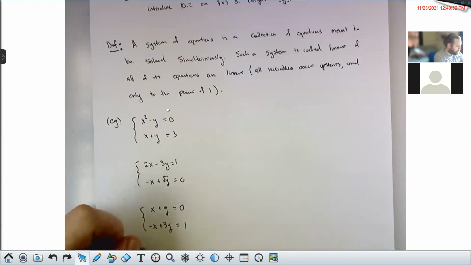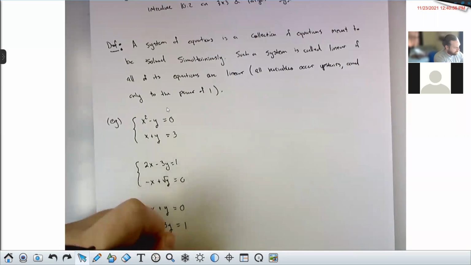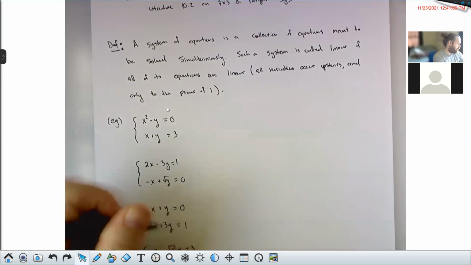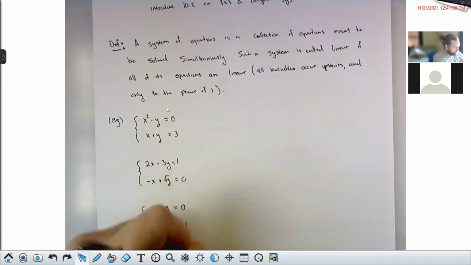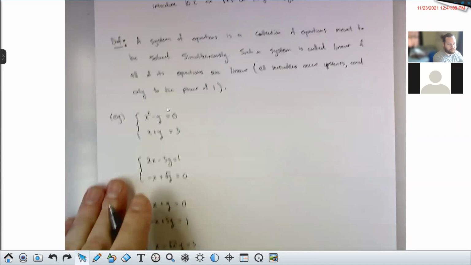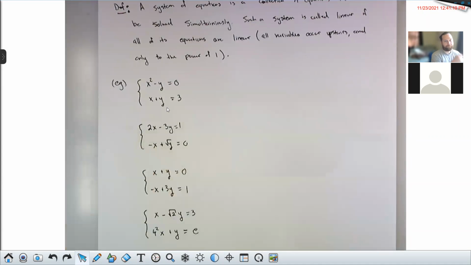How about a couple more? Okay, so here are 4 systems.